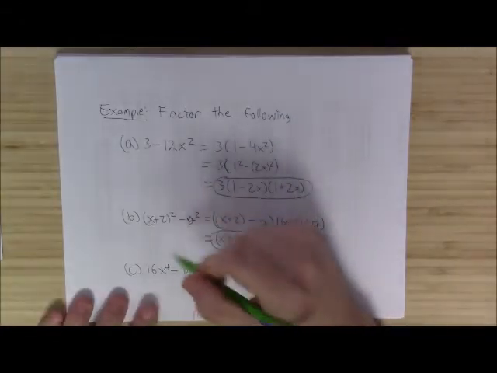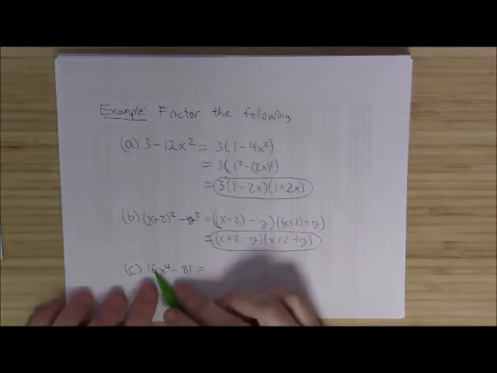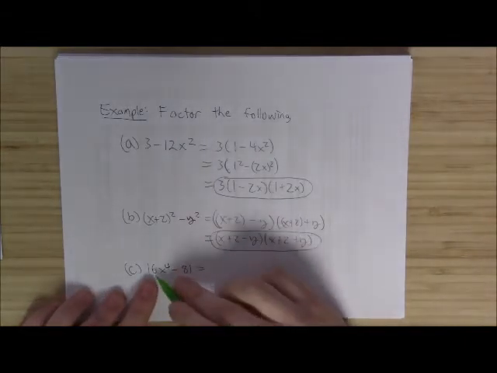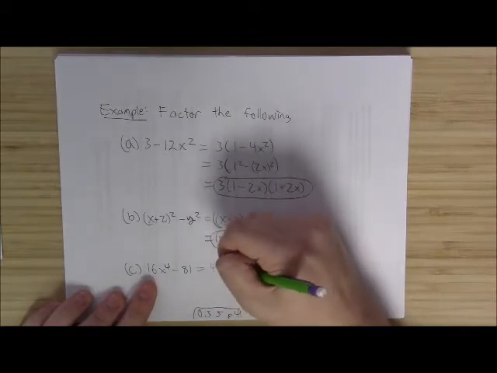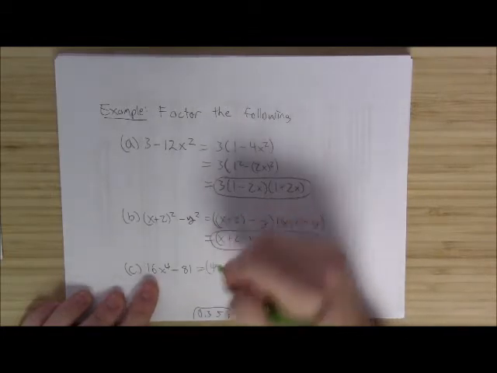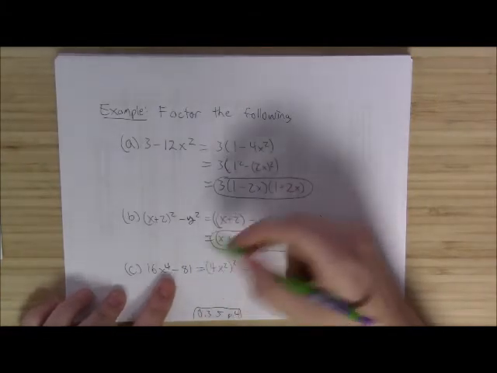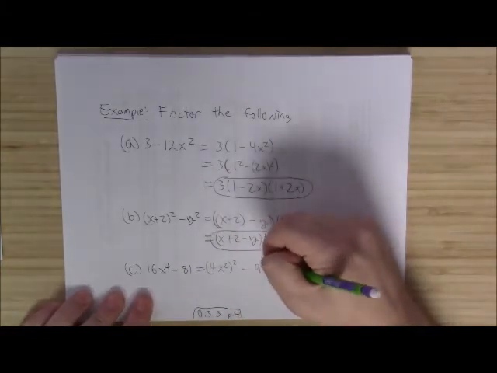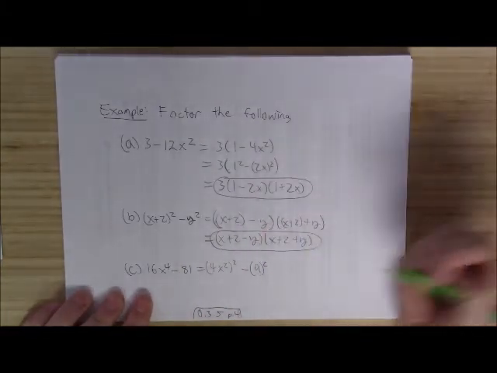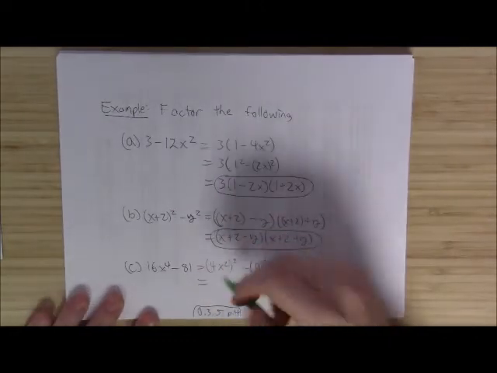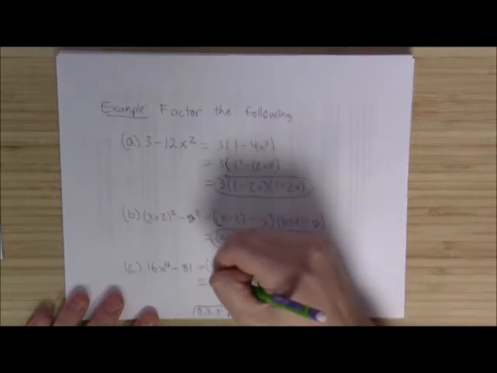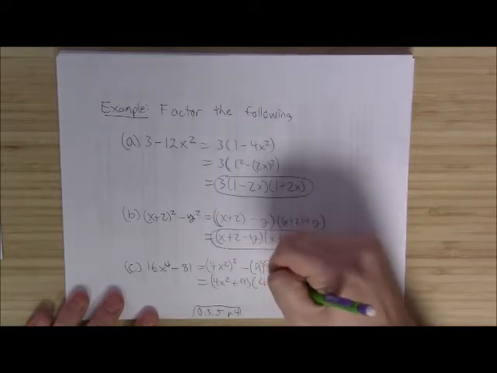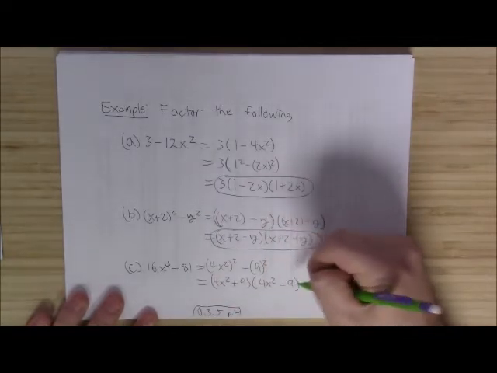Here, we notice that this is the same thing as 4x squared, squared, and 81 is 9 squared. Then we can factor this into 4x squared plus 9 and 4x squared minus 9.